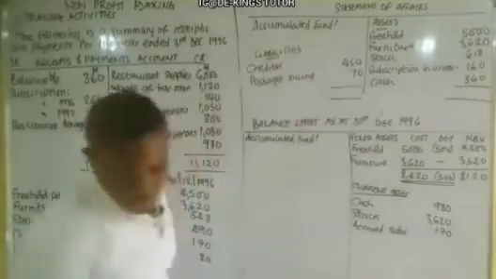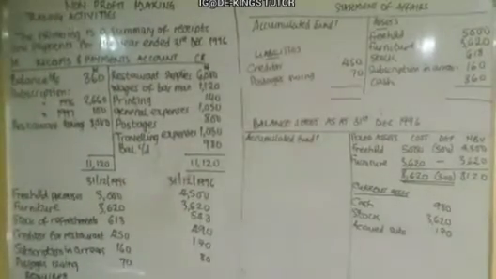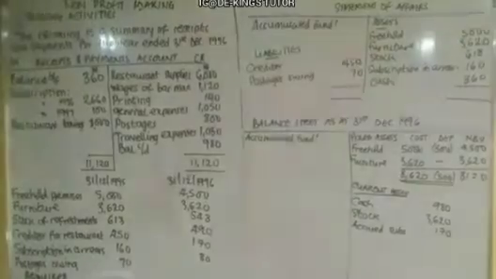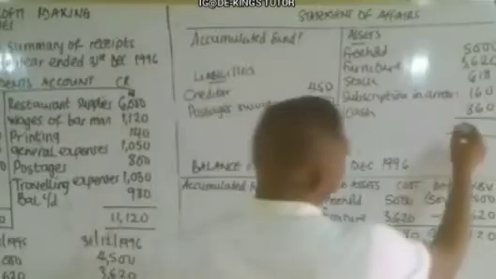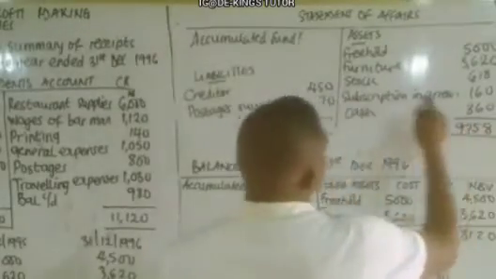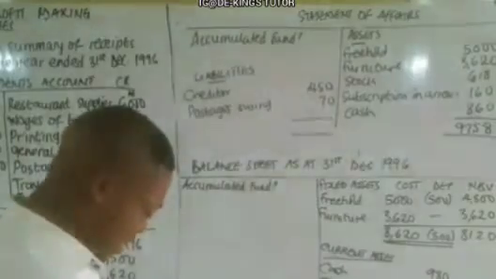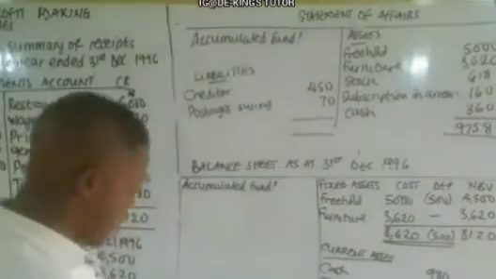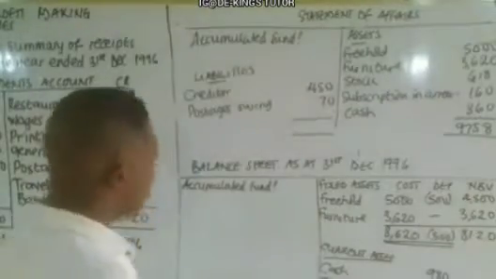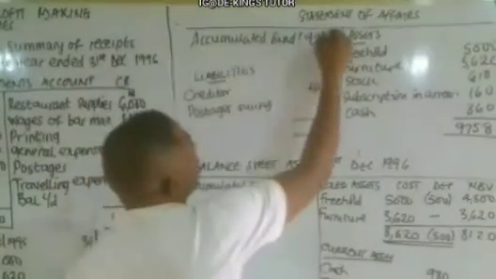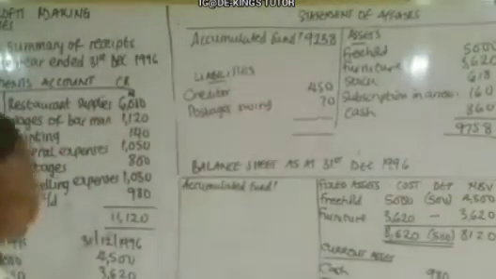Okay? So using my calculator, if I would add up, I will have 9758, deducting this from that, 9758 minus 450 minus 70 is 9238. So that is my accumulated fund, 9238.